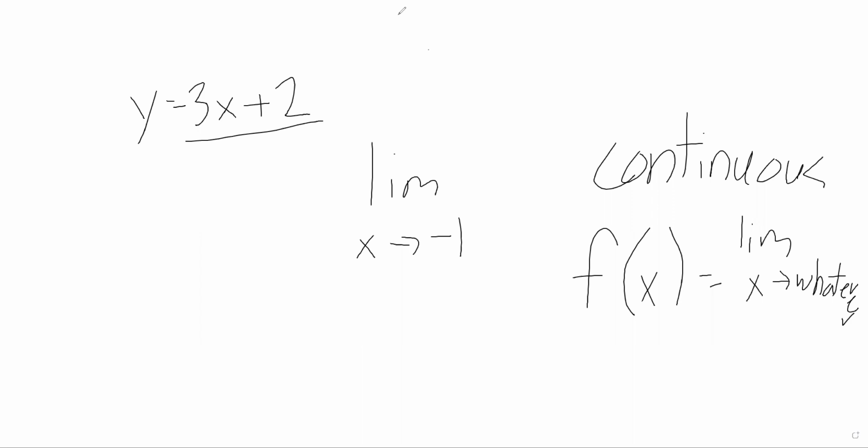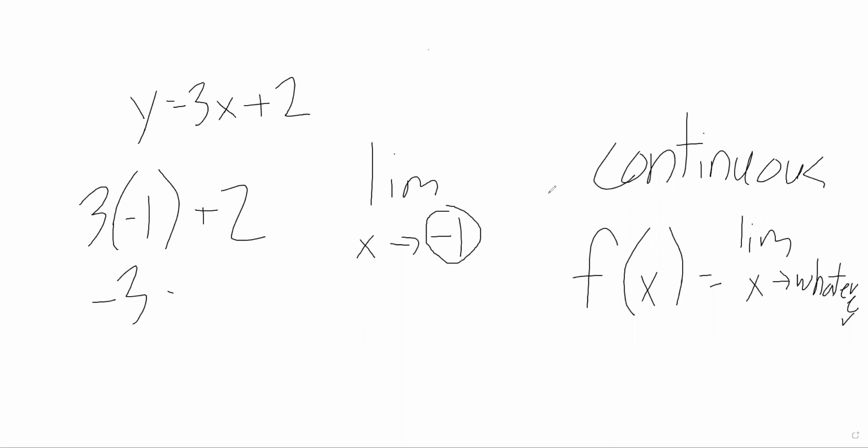It's only over 1. If there's something in the denominator, then you need to check it a little closer. But since this is continuous, this is just a line, we can plug in whatever we're looking for. So -1 into the equation: 3 times -1 plus 2, -3 plus 2, -1. So the limit as x approaches -1 is going to be -1.